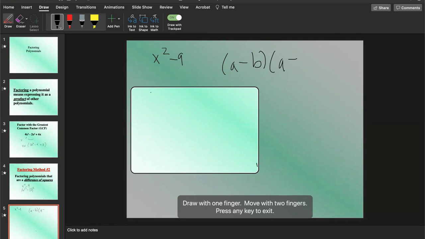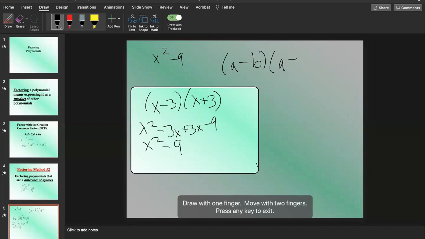So we get an x minus 3 and an x plus 3. Very soon you'll see how this translates into our difference of squares. We do FOIL, multiply it out: x squared minus 3x plus 3x minus 9. Once again, the middle terms cancel out, and we eventually get our x squared minus 9.